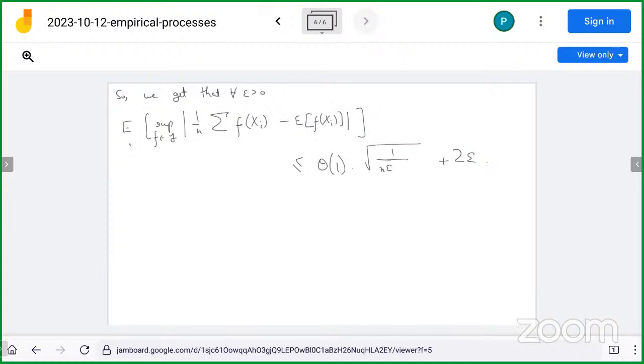Now you optimize this and what do you get? You get that this is less than theta 1 to the 1/3, by choosing epsilon appropriately.